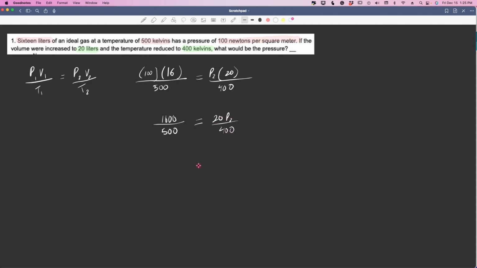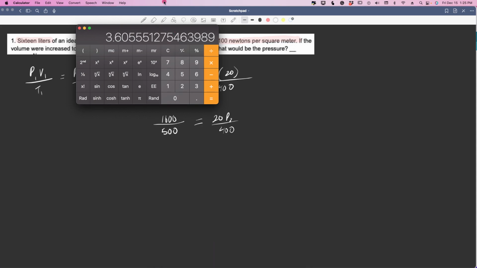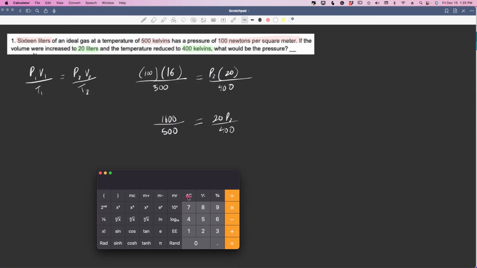I can cross multiply if I want, or I can reduce if I want. So if I reduced this, then I would have 3.2? I think so. Let's just do the math right quick. 1600 divided by 500 is 3.2.